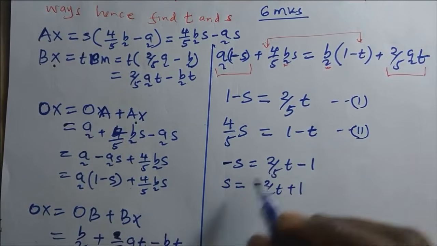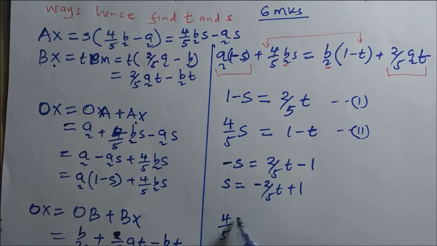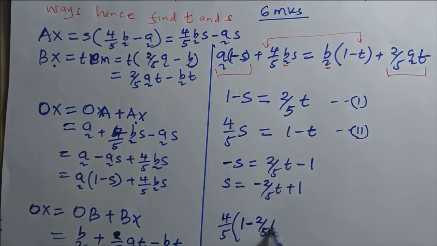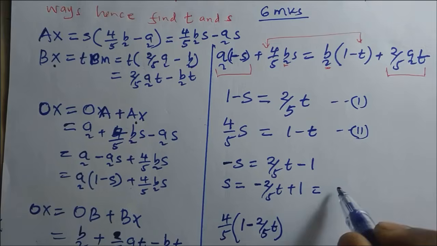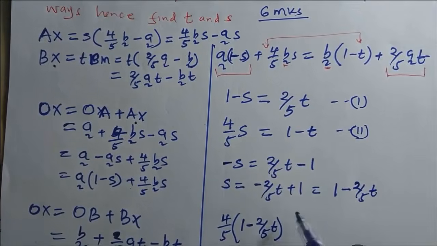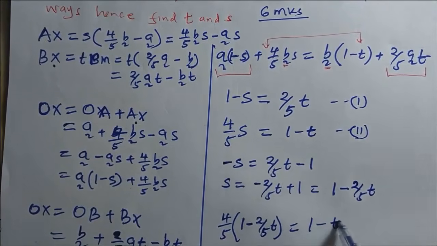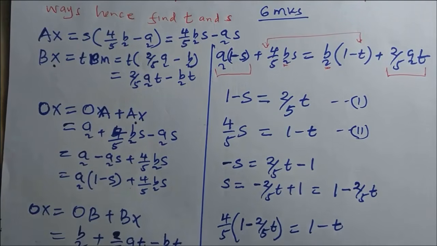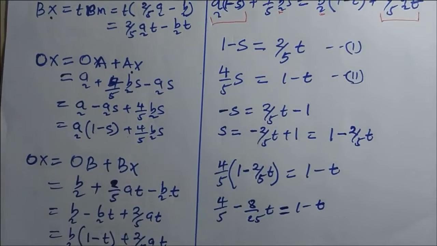So I will substitute here. I will say 4 over 5 S. Instead of S, I will say 1 minus 2 over 5T, which will be equal to 1 minus T. So open the bracket, we will have 4 over 5 minus 8 over 25T is equal to 1 minus T. Like terms together, you bring this there and this one here.